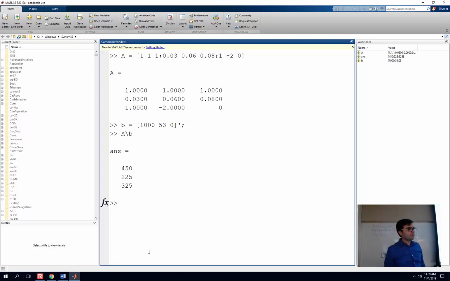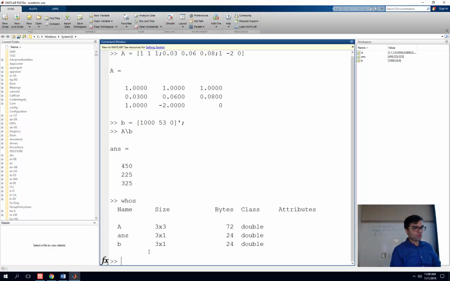Mine is saying matrix dimensions must agree. So what is the size of A? Do whos, and it will give you all your variables with the size and everything. A should be 3 by 3, B should be 3 by 1.